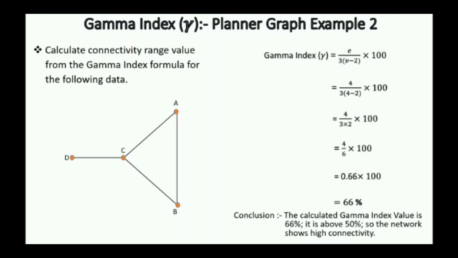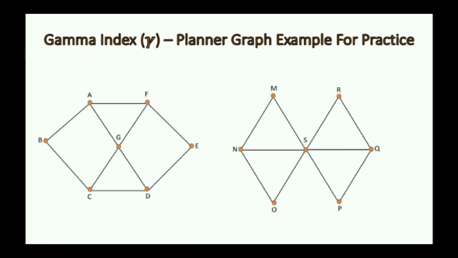We multiply it by 100 because we convert the answer into percentage, therefore the answer is 66%. So the conclusion is the calculated gamma index value is 66%. It lies above 50%, so it indicates network connectivity is high. These are some examples for practice.